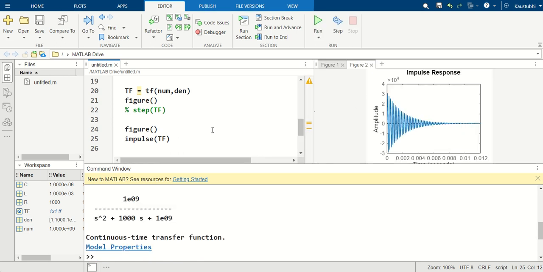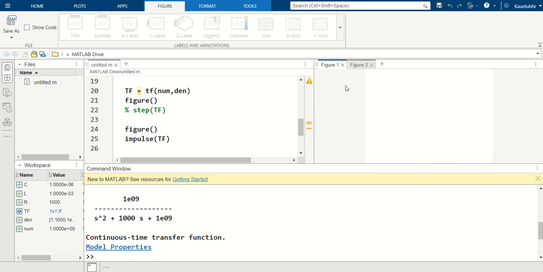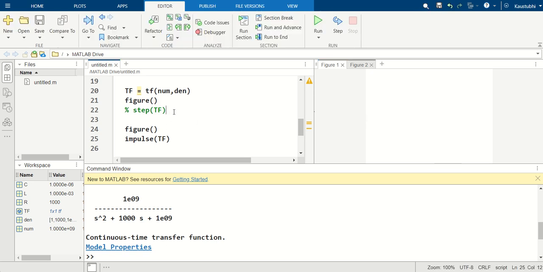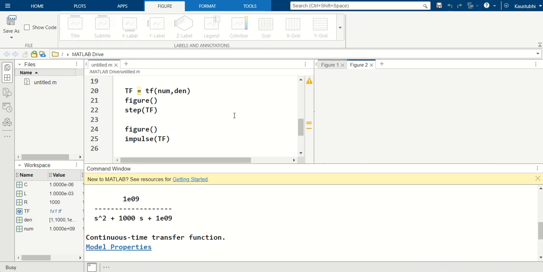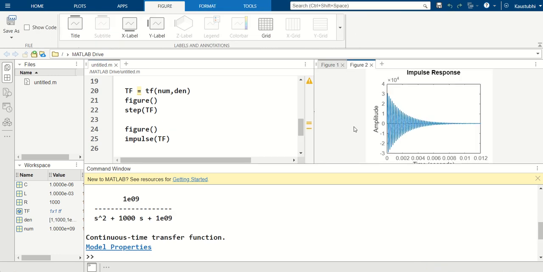So this is my step response and this is my impulse response. So the step response is this, and in the impulse response you can see it is going to be 0. So with time the output will become 0 in the impulse response, and in the step response it had become 1.